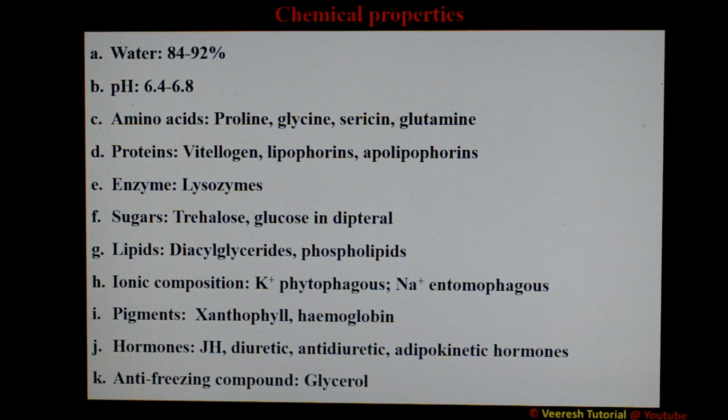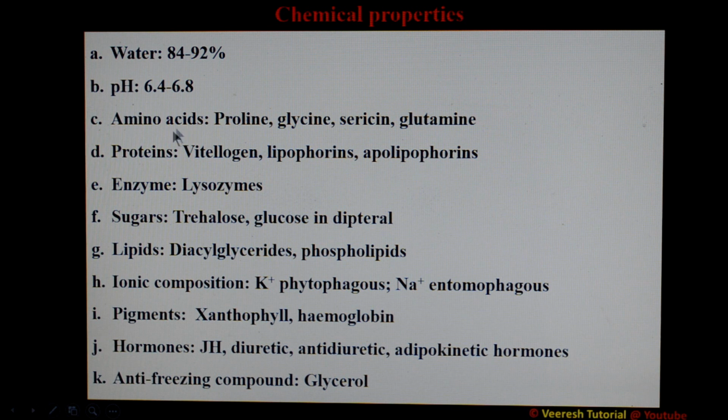If you look at the chemical properties of the blood, haemolymph accounts for 10 to 40% of the total volume of the insect. Haemolymph is usually colorless, except in chironomids, where it is red in color. 84 to 92% of the haemolymph is water, and the pH ranges from 6.4 to 6.8.